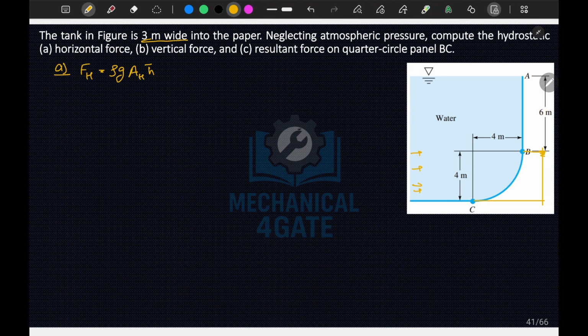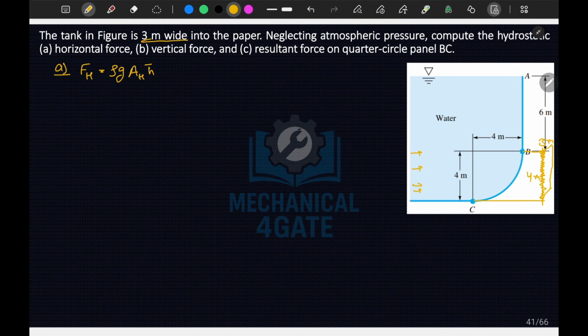This will be the shape of your AH. Since it is mentioned 3 meter into the paper, it will be rectangular. I hope you get this point. The dimension of the rectangle will be 4 meter, and 3 meter is the width, so this dimension is 3 meter.